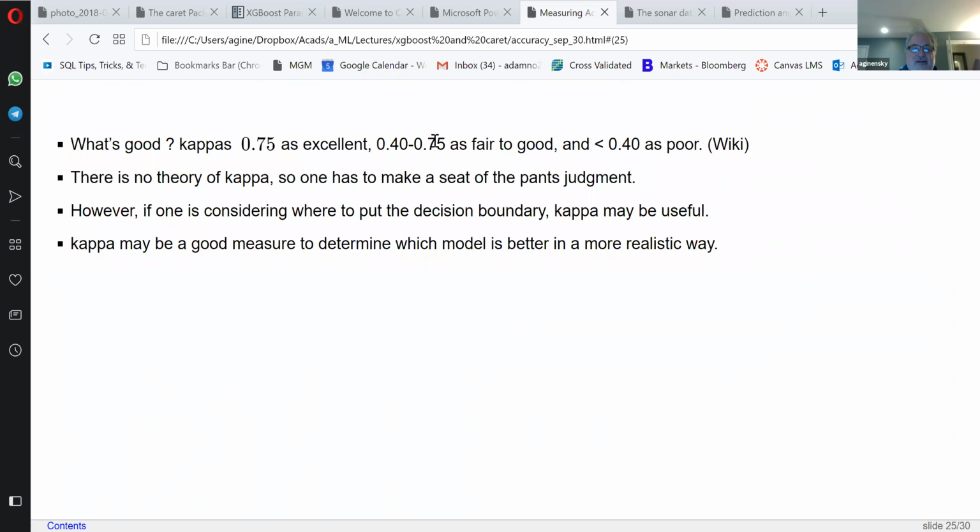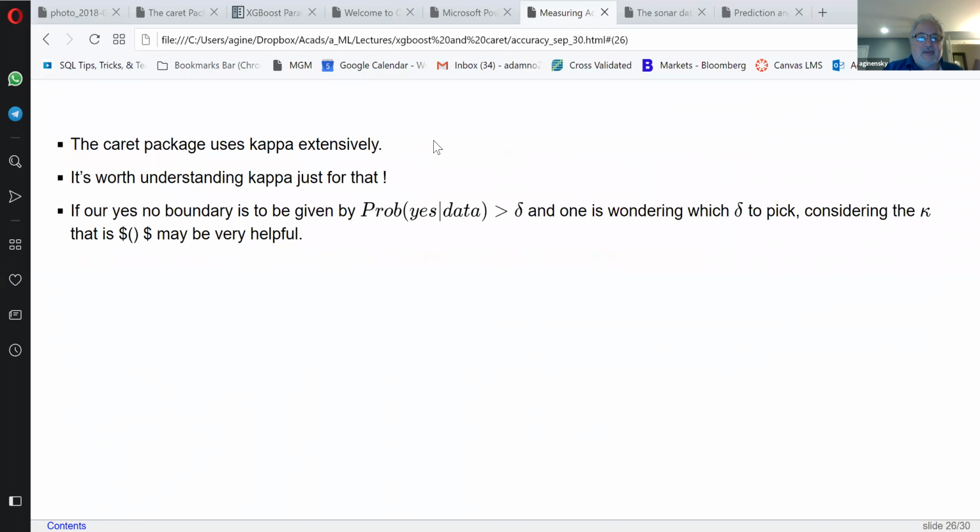But in the land of the blind, the one-eyed man is king, and he wins the races too, which is to say that if you have a bunch of models and none of them have good kappa, still the one that has the best kappa is the best you're going to do. Okay? And as I said, kappa is used extensively in Caret. It's one of the measures it uses.